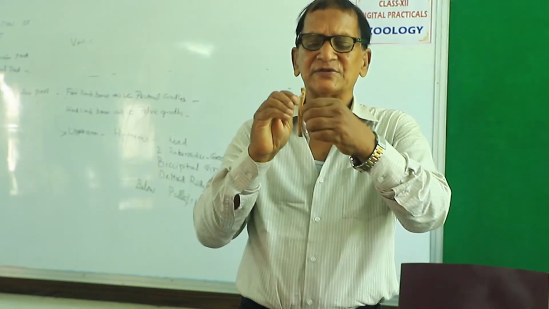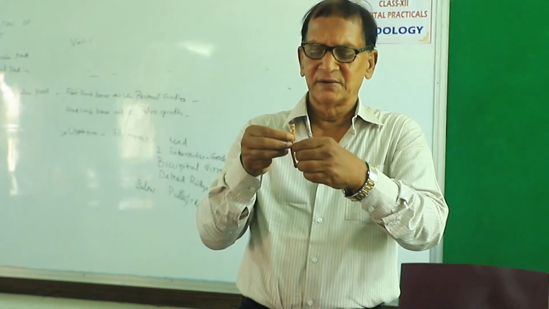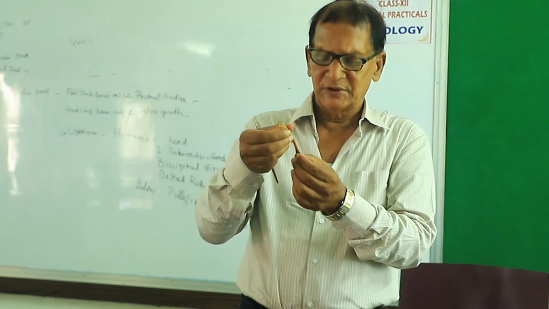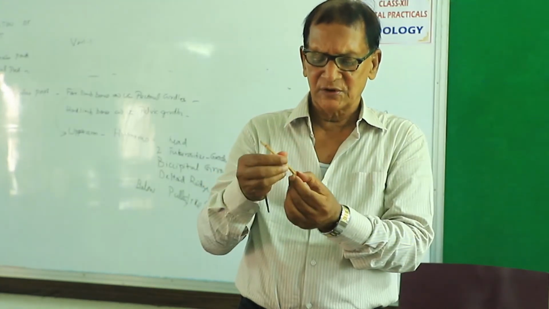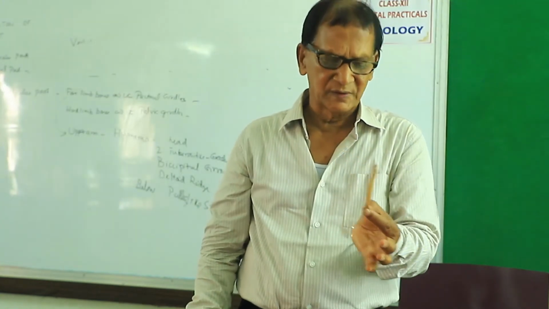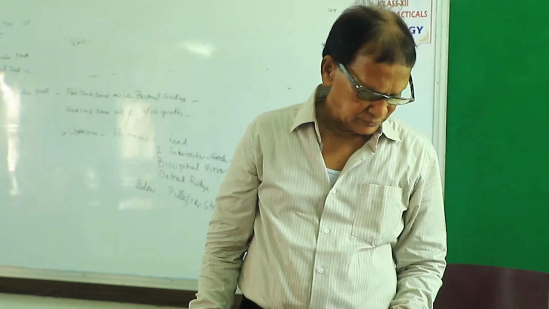So this is the ulnar side, this is the radius side, and posteriorly they give off several projections. These are called epiphyses, and the epiphyses are meant for attachment to the next bones in order.